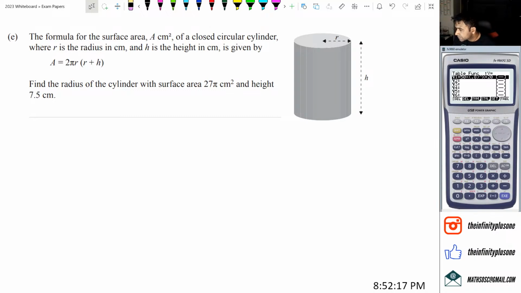Share. Anyone with the link can view. Okay, nearly there. 2023 whiteboard.